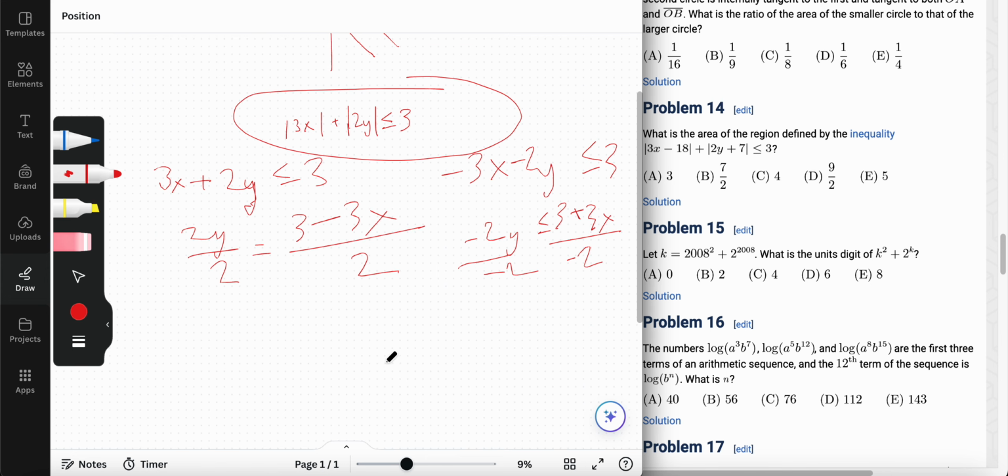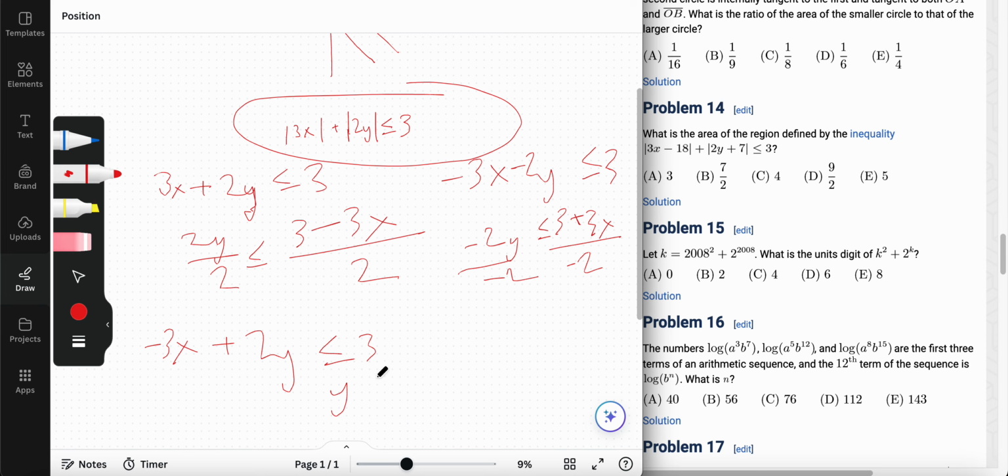Now let's make only x negative and y positive. I'll just write the inequality. Before, I said that I wouldn't, but now I'm writing the inequality sign. So y is less than or equal to 3 plus 3x over 2.